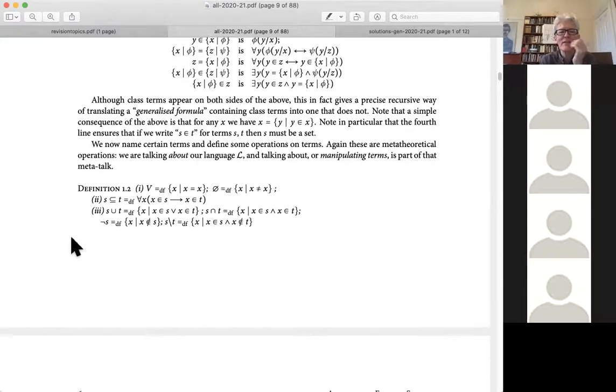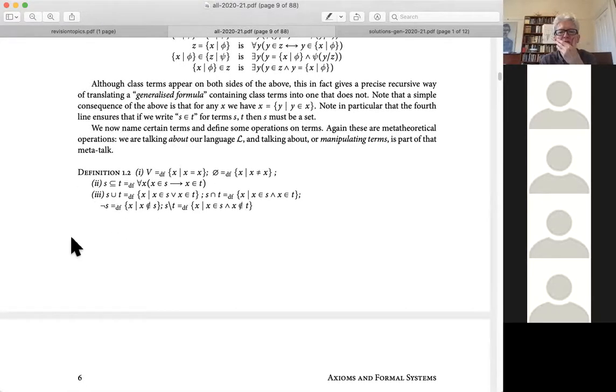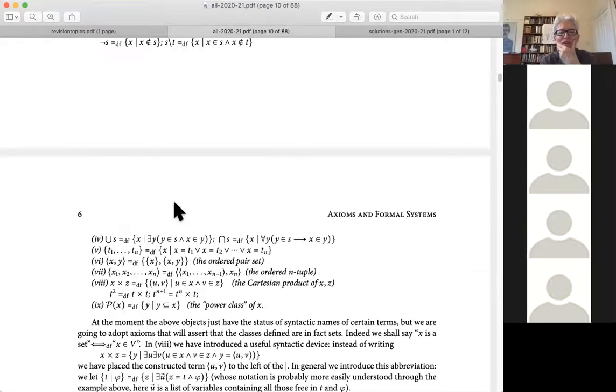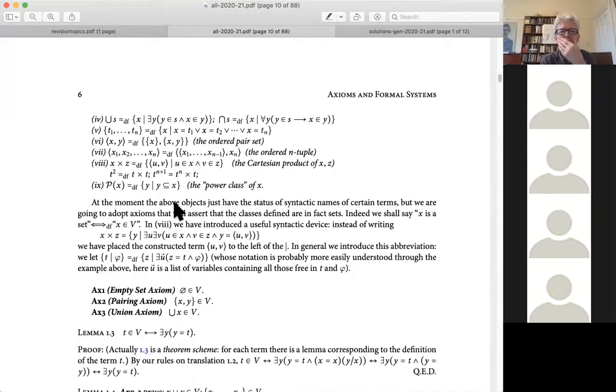If there are any queries here. So here are some terms. Right? Here's the empty set. Here's V again. And here's a bunch of ordinary set theoretic definitions down here. Right? Here's an unordered n-tuple of things, saying that X is this one or that one or that one or that one.